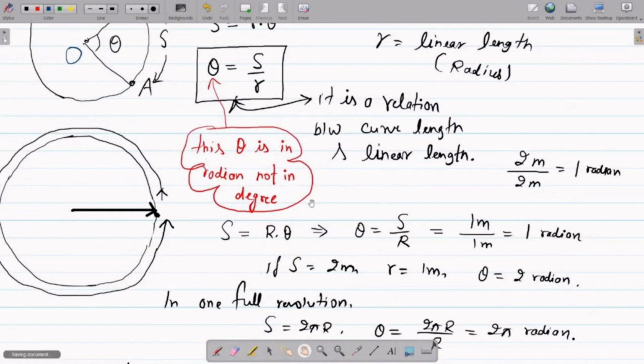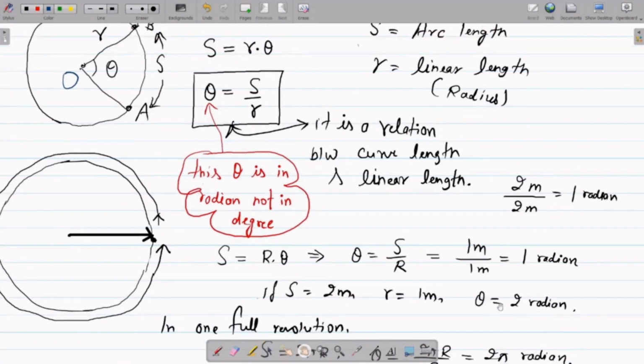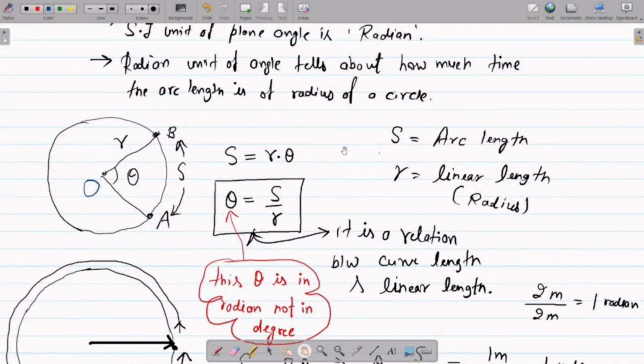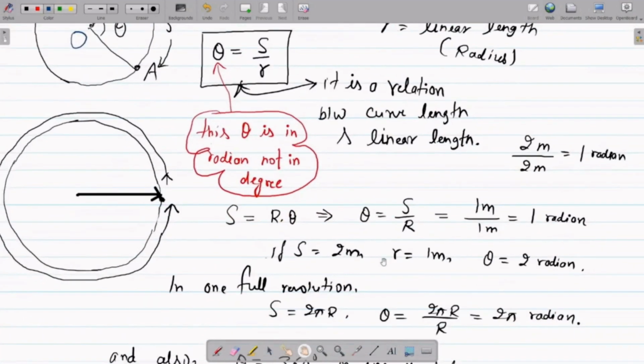If I increase S to 2 meter for the constant value of R equal to 1 meter, then theta comes out to be 2 radian. What does it mean? A 2 meter arc length traces a 2 radian angle at the center. Now I think it is clear to all of you. Radian gives you the idea of how many times the arc length is of the radius of a circle.